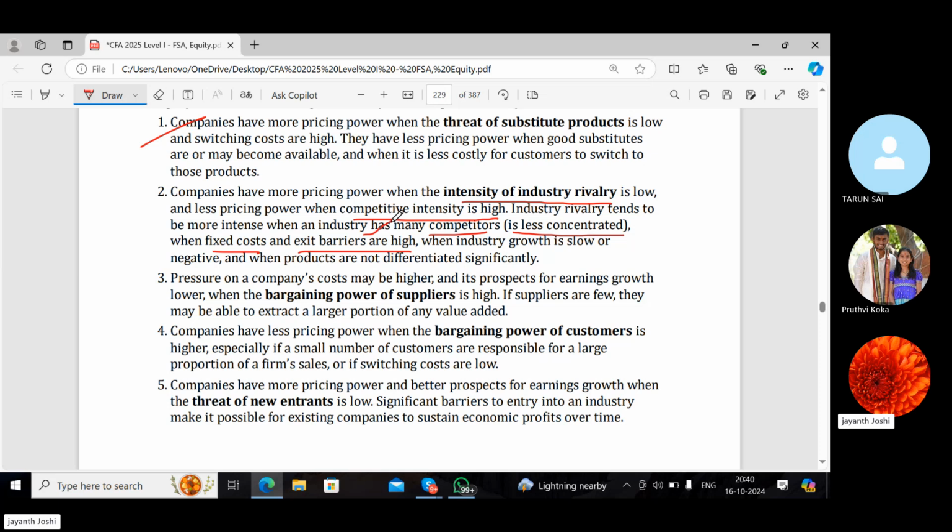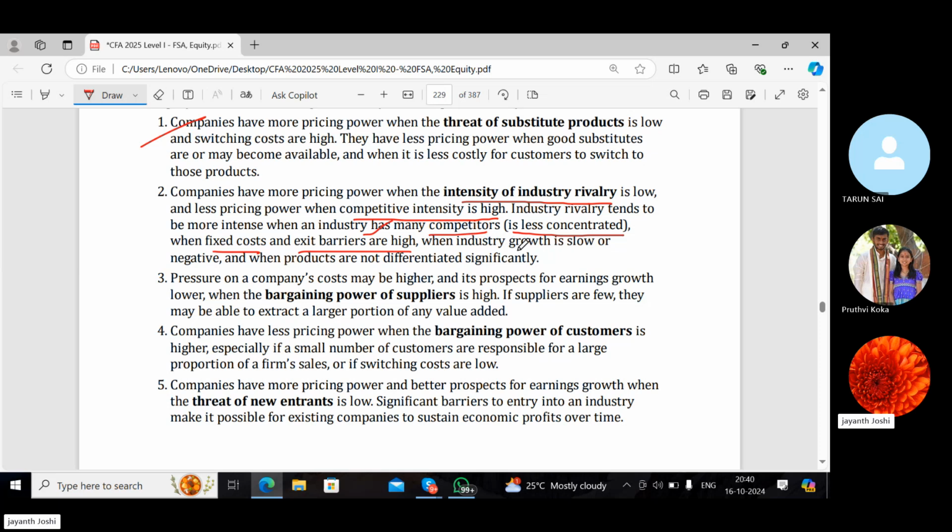Barriers to entry is different and exit barriers is different. That means they cannot easily move out. Barriers to entry means they cannot easily enter. So when exit barriers are high, more firms are in the market and fixed costs are high.